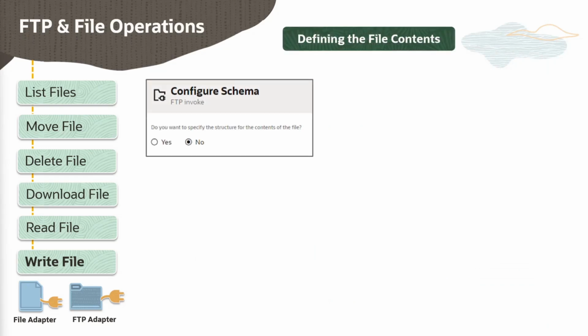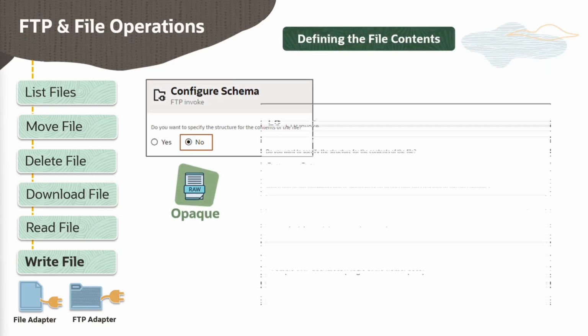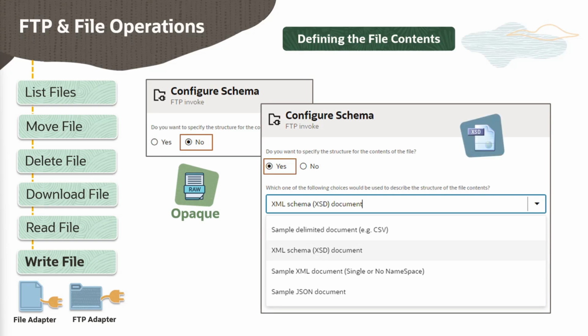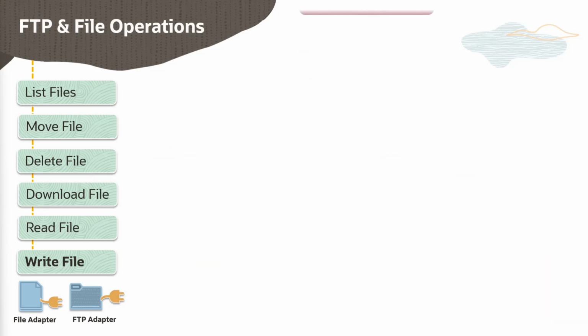Next, just like the read file operation, you'll have the opportunity to define the structure of the file you wish to create and write to the file system, or choose to write an existing file reference as an opaque file. You simply choose from one of these same 4 options when specifying the structure.